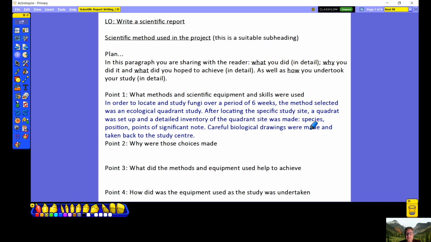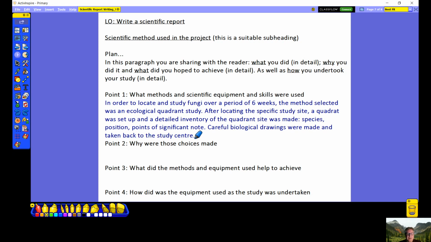You had some identification material for different fungi, for example. Where their position was in the quadrat and relative to the outer environment, compared to key points, you know, the entry gate or a specific tree.